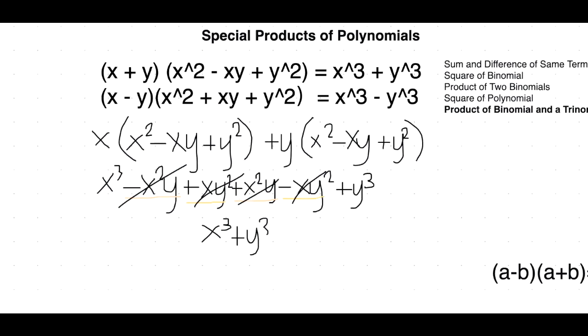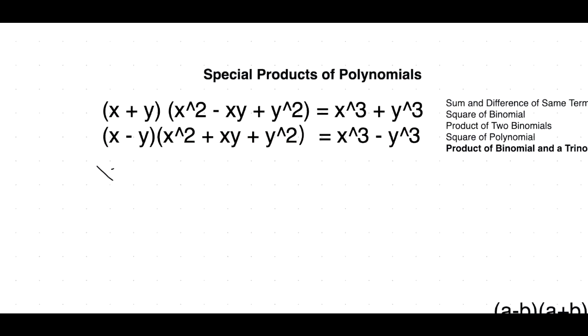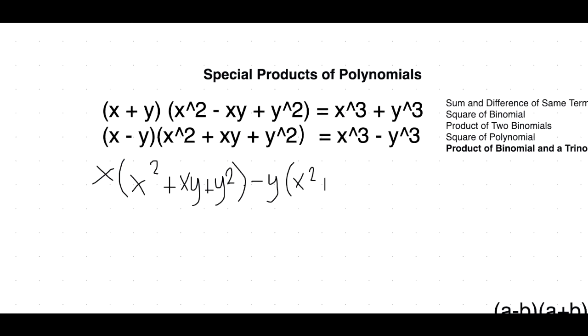And so then let's multiply this equation and show how it is equal to x cubed minus y cubed. x minus y times x squared plus xy plus y squared. Okay?